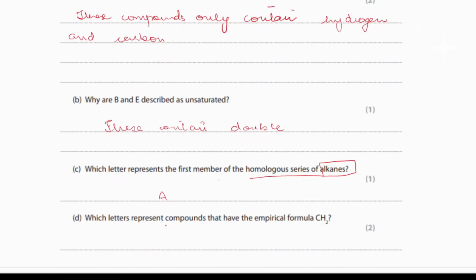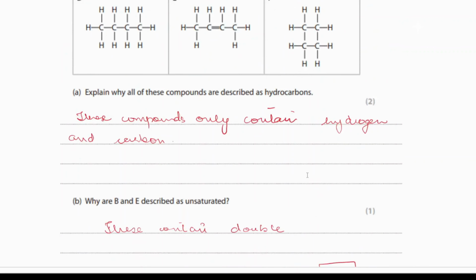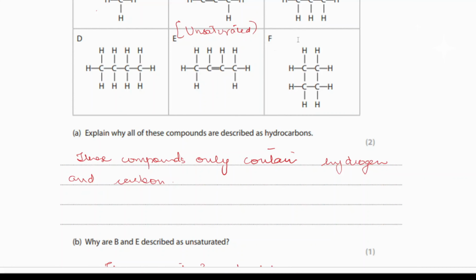Which letter represents compounds that have an empirical formula CH2? You need to calculate. The first one is not possible, A. B is C3H6.